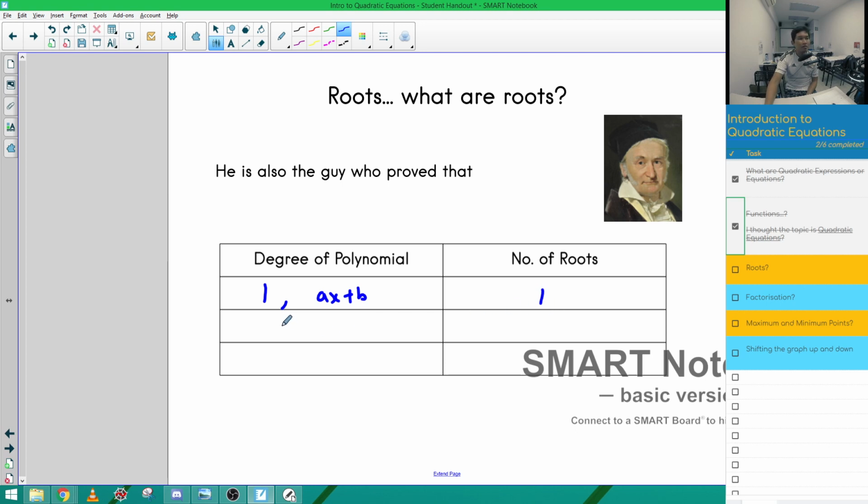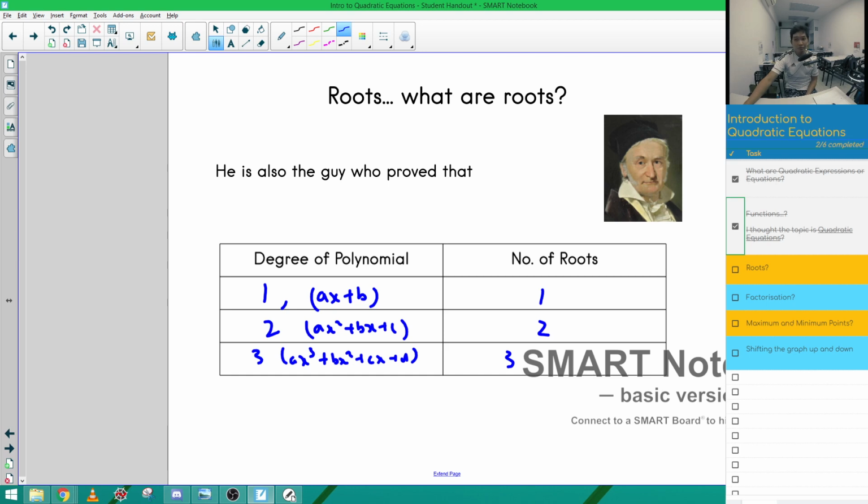If the degree of the polynomial is 2, meaning that you have things like that, let me put this in brackets, then you have 2 roots. If the degree of your polynomial is 3, where you go up to x to the power of 3, then you have 3 roots.